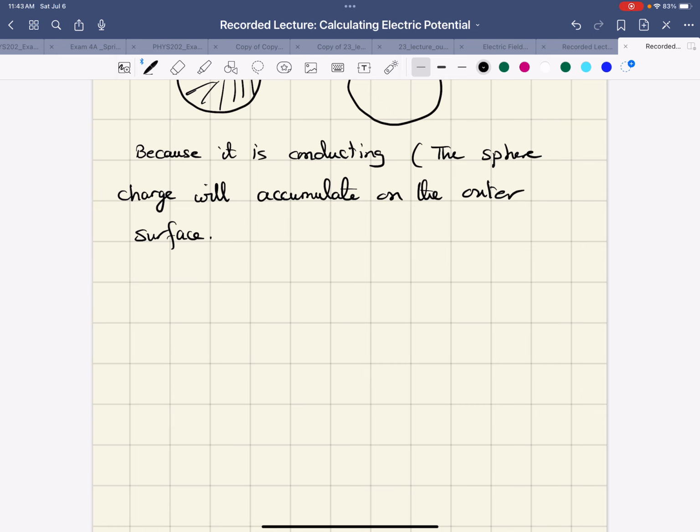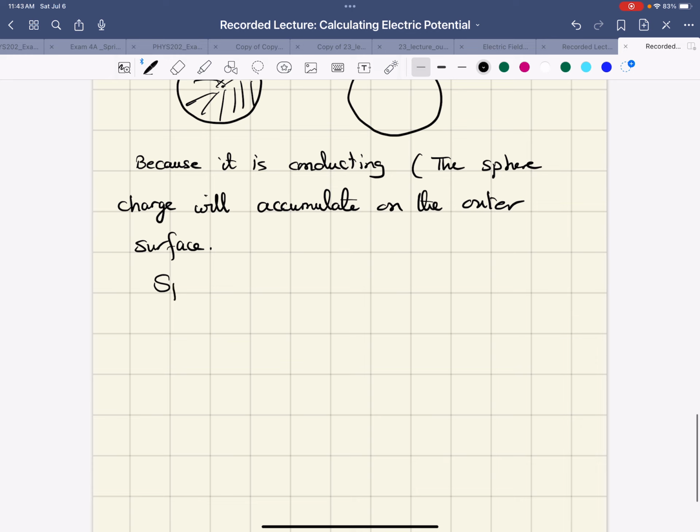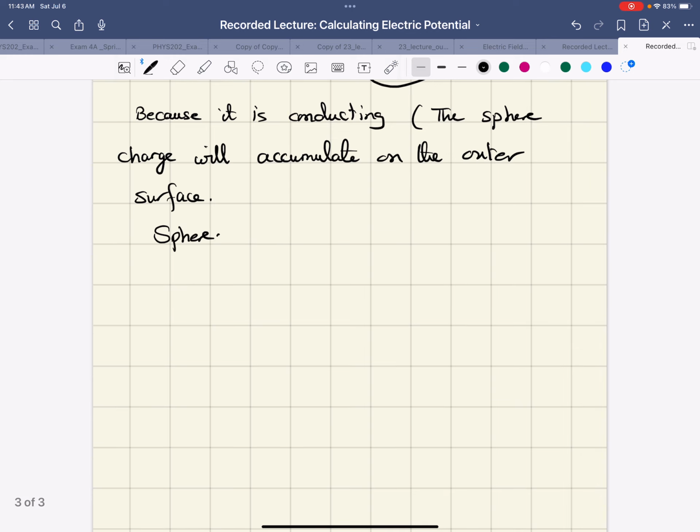Okay, now let's assume we're going to calculate for the sphere. Again, there is a way to calculate when it is inside and when it is outside.